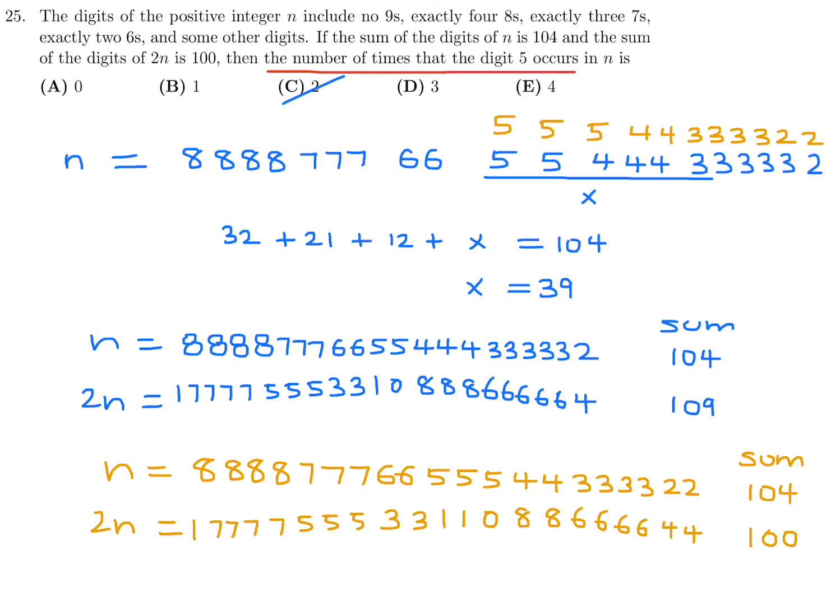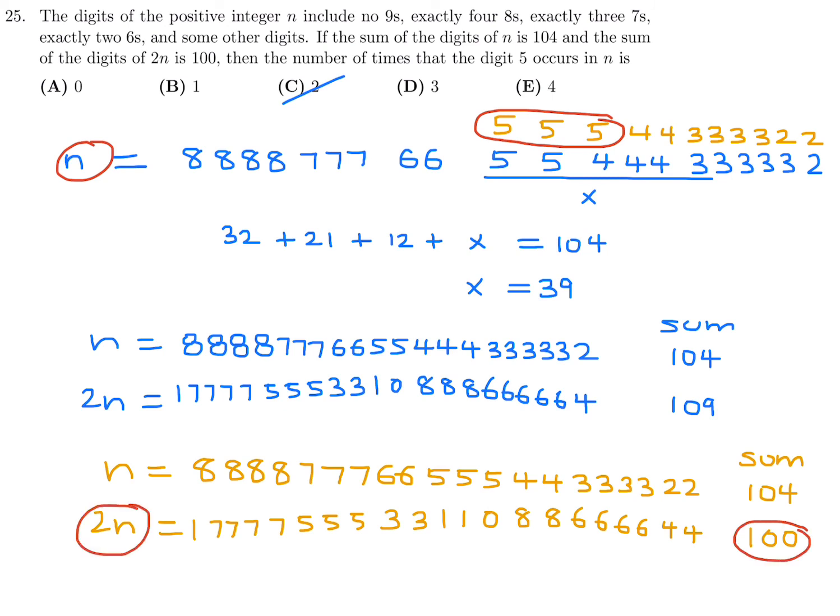Through trial and error, I found that if I put 5 three times, 2n ends up with a digit sum of 100. So, in a non-scientific way, we found the answer to number 25, which is 3. Therefore, that is choice D.